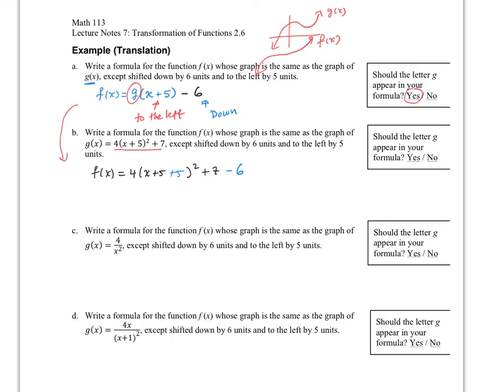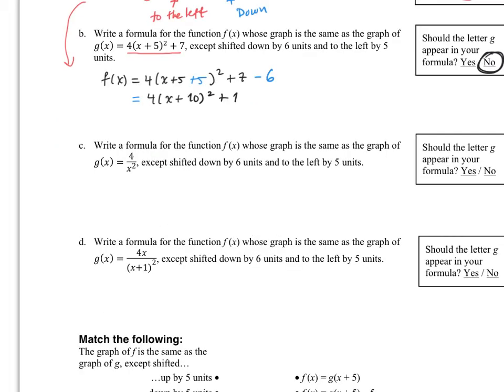So this is the part where you move it to the left 5 units and this down 6. So therefore, if you simplify this, this will be 4(x plus 10) squared plus 1. And notice how the letter g is not in the formula anymore. So for that to happen, they had to tell you exactly what g is, or the other function.